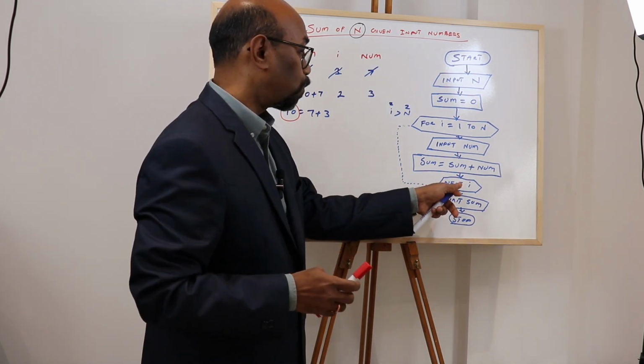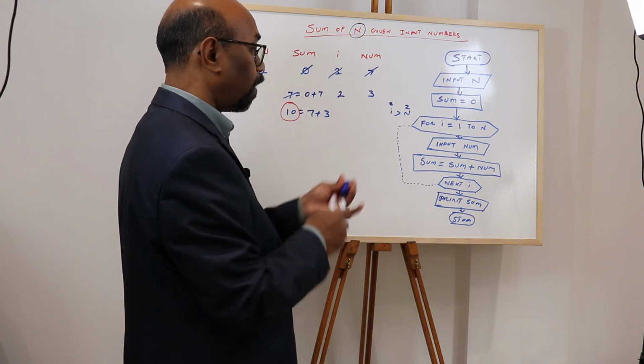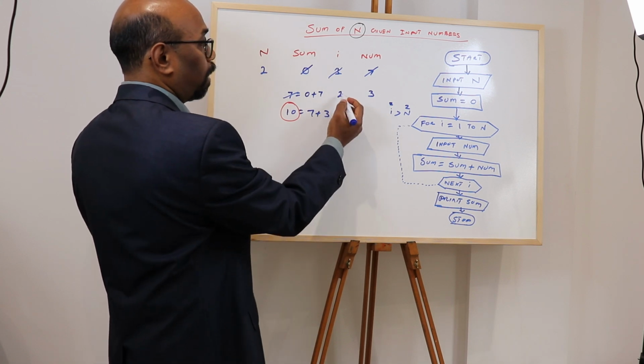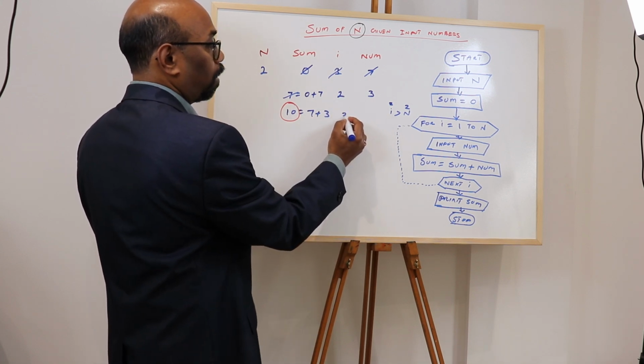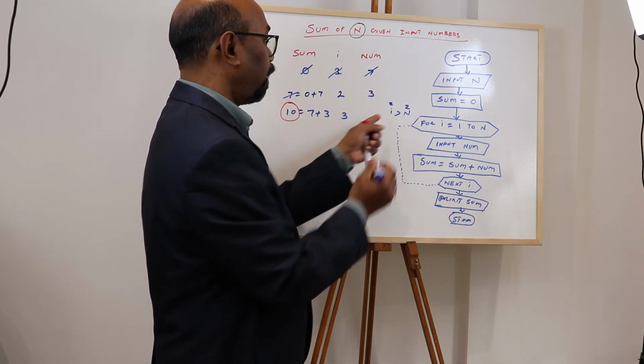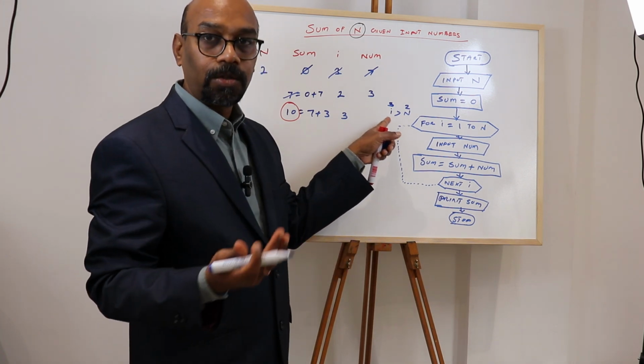Now control comes to next I. At this point, the I value gets incremented by 1. I plus 1. What is the I value there? Number 2. So 2 plus 1, 3. Now control comes to the loop condition: is I greater than n?